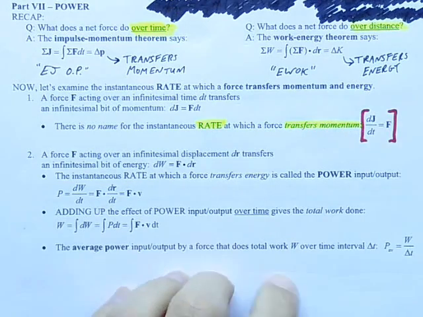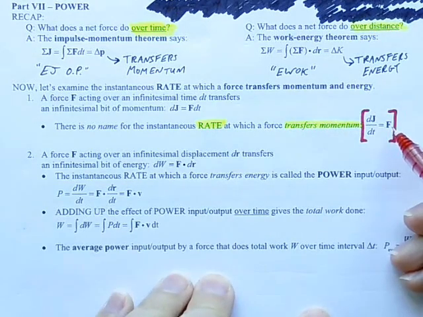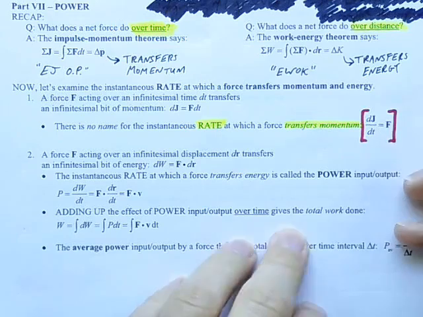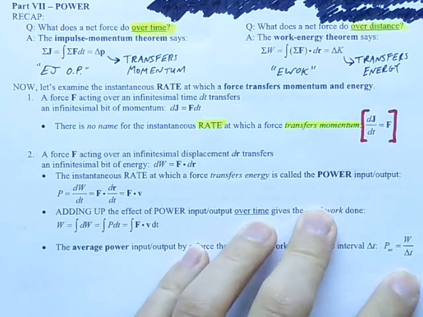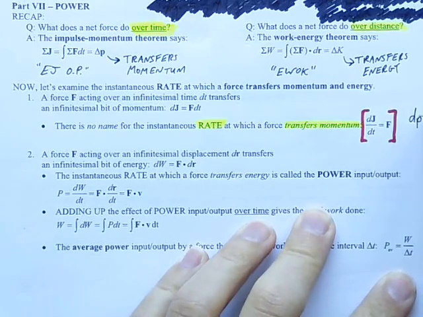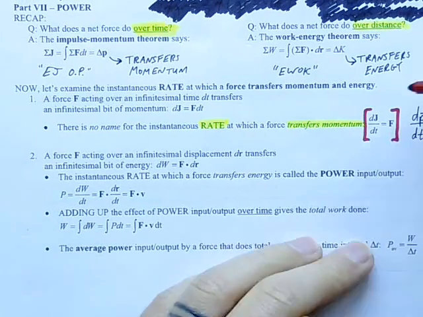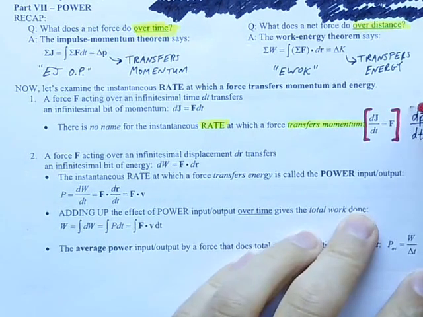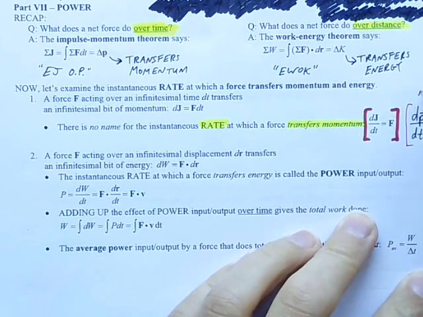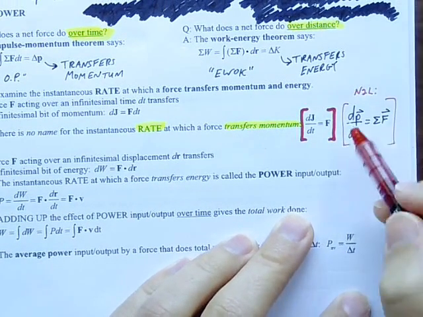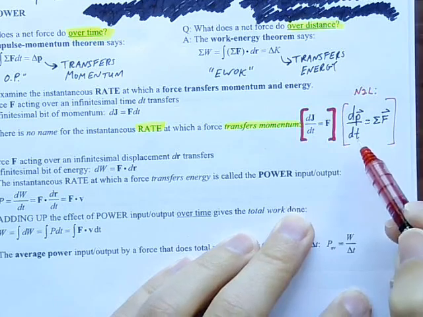Now, if we make this the net force acting on the object, so this was the rate of imparting a net impulse, then we could rewrite that as the familiar Newton's second law. The rate of change of the object's momentum is due to the net impulse imparted by the net force. So the net version of this statement is Newton's second law.